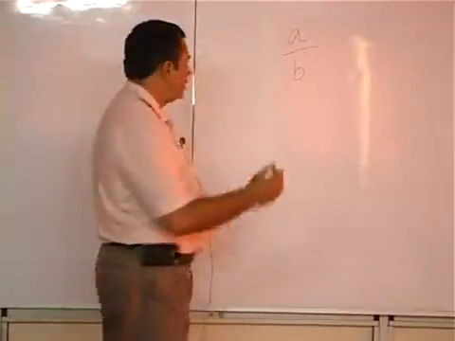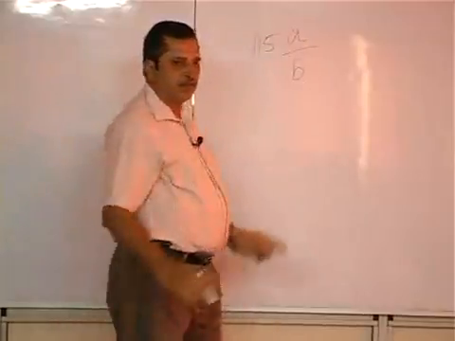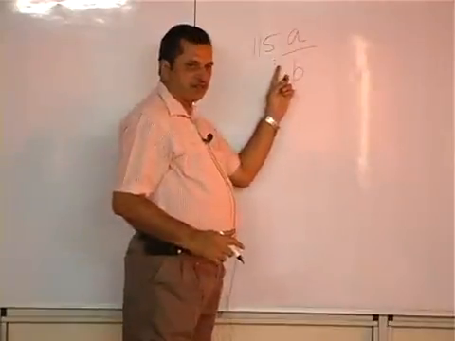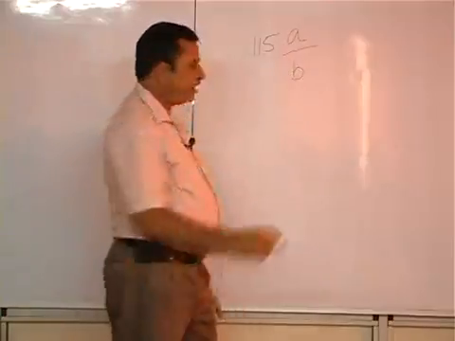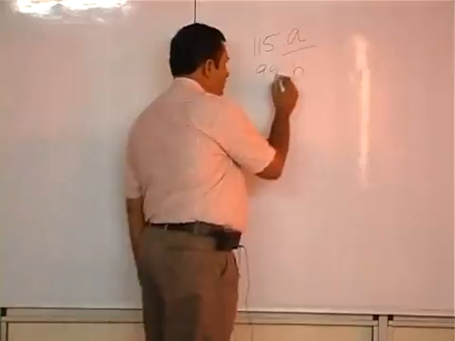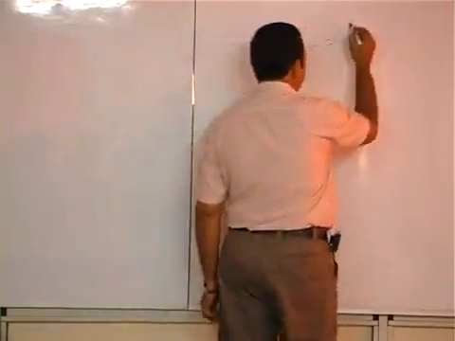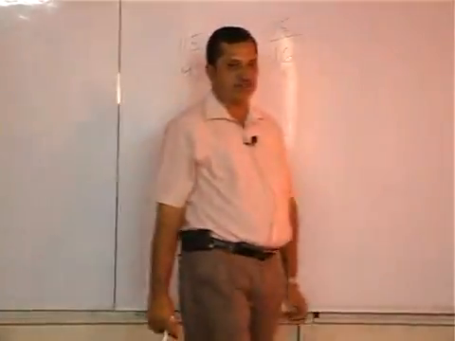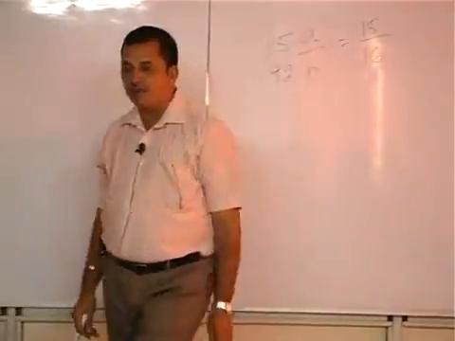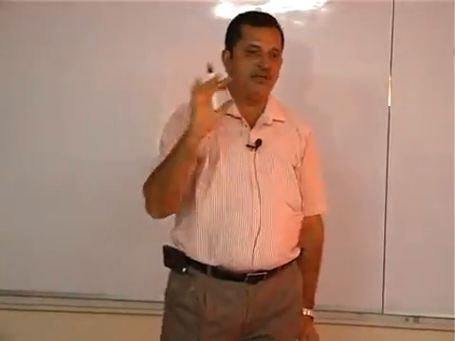But what we are doing, numerator is increased by 15%. I am not putting the percent mark here because percent will get cancelled. Denominator will be diminished by 8%. The value of the fraction becomes 15 by 16. Find the original fraction means you will have to find a by b.